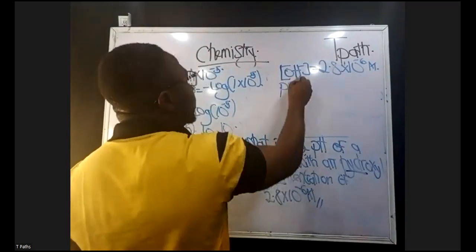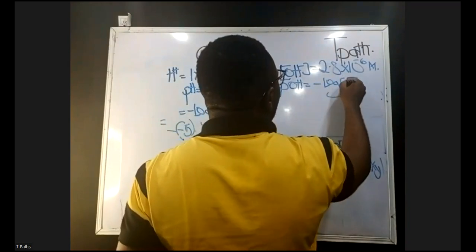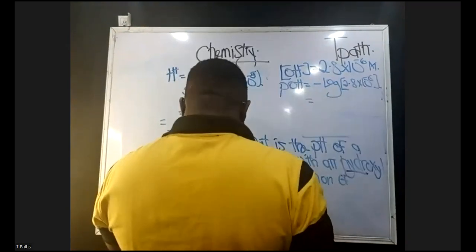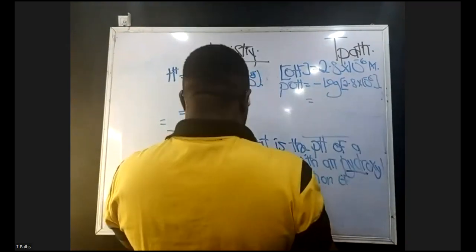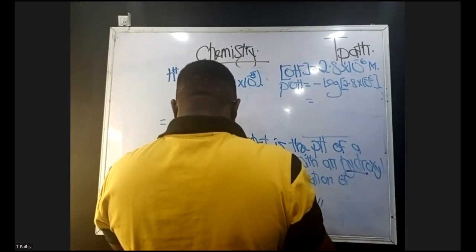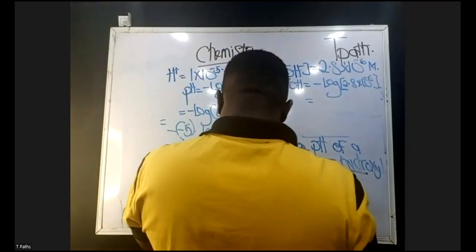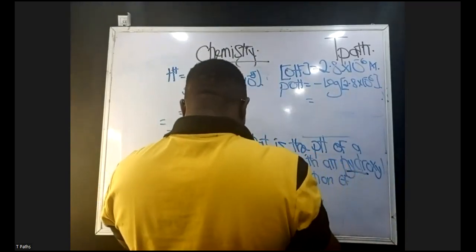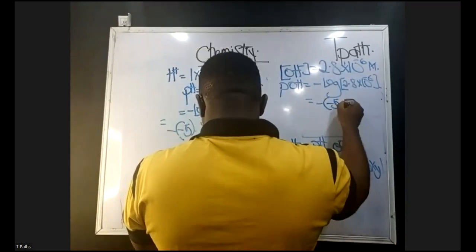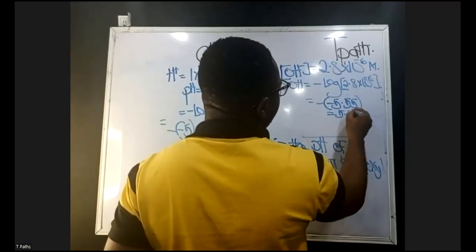So we can say pOH is equal to minus log of 2.8 times 10 raised to minus 6. That is minus, open bracket, minus 5.55, so this will give us a positive value of 5.55.